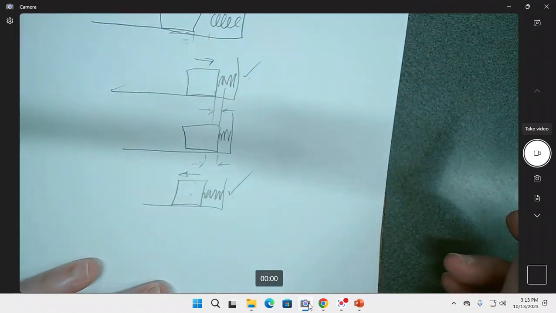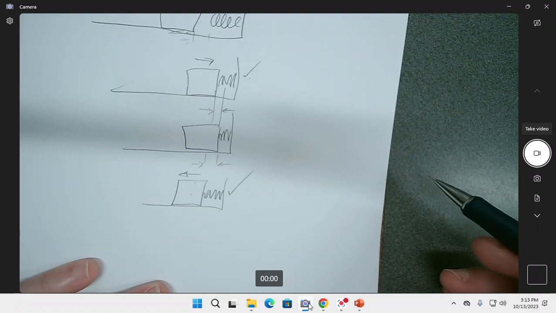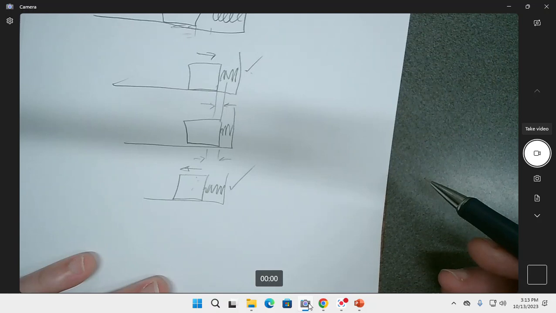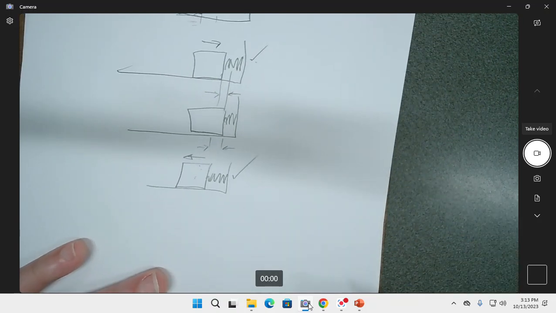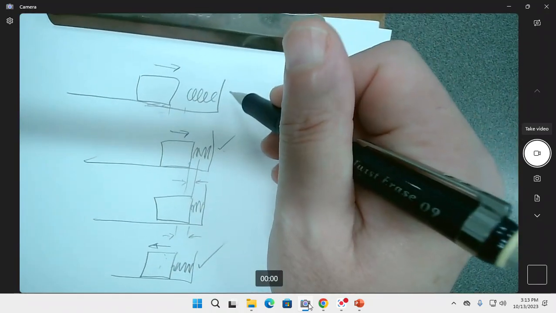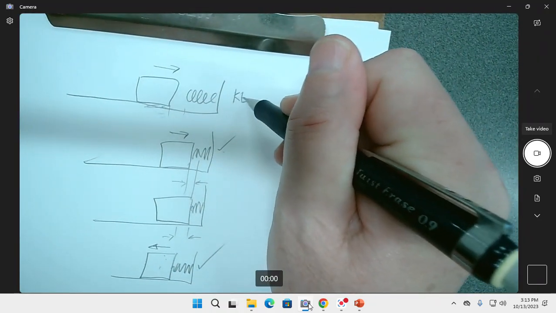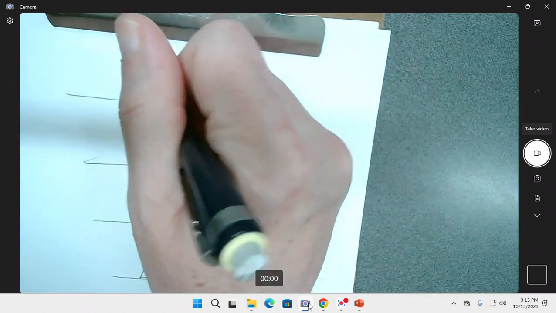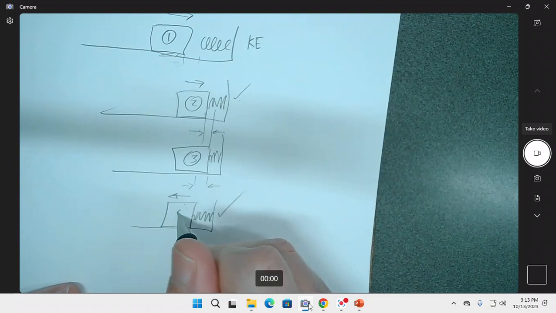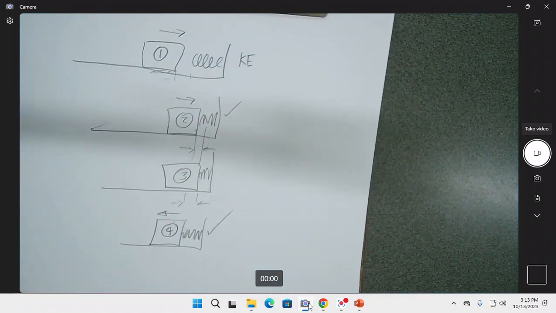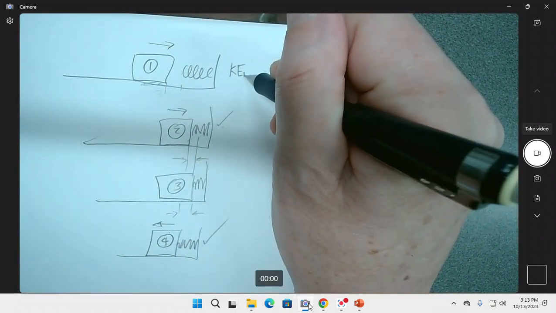And the change in velocity between there and there would be 2 times the normal force times the coefficient of friction times the compressed distance of the spring. So right here we have KE. Let's call this 1. Let's call this 2. Let's call this 3. And let's call this 4. Okay. So we have KE1.